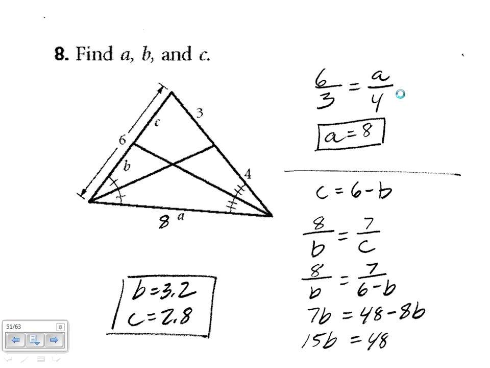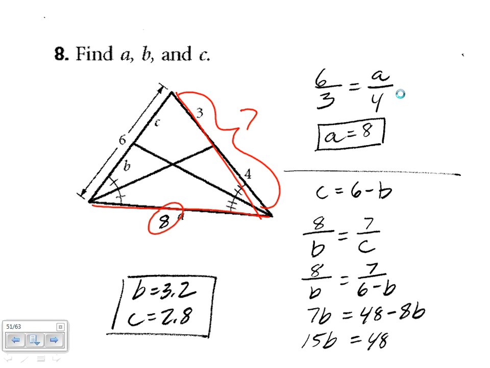Once you have A is 8, that's key to figuring out what C and B are. Since we know this side is 8, how much is this side right here? How much is 3 plus 4? 7. Do the same thing, guys. Shift your perspective to the right-hand side. This side is a total of 7, and this side is 8.